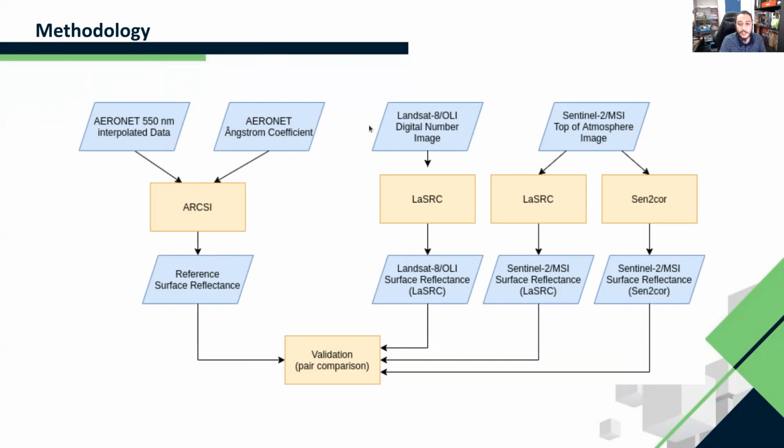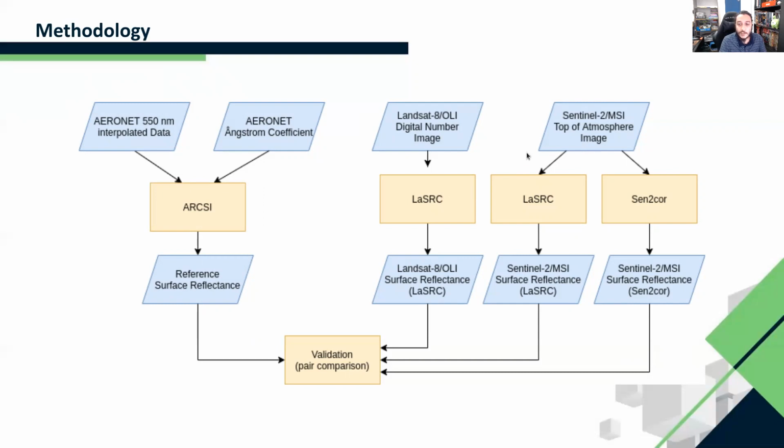So we start by generating Landsat 8 OLI surface reflectance using the LaSRC code, which is also used by USGS, the original provider of the data. So this data is equal to the one already processed and distributed by USGS. And the LaSRC code can also be applied to the Sentinel-2 MSI images.